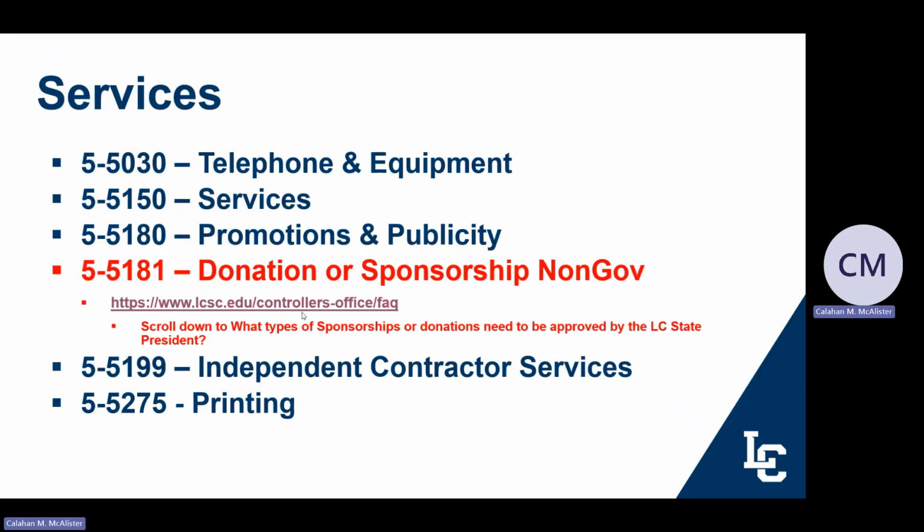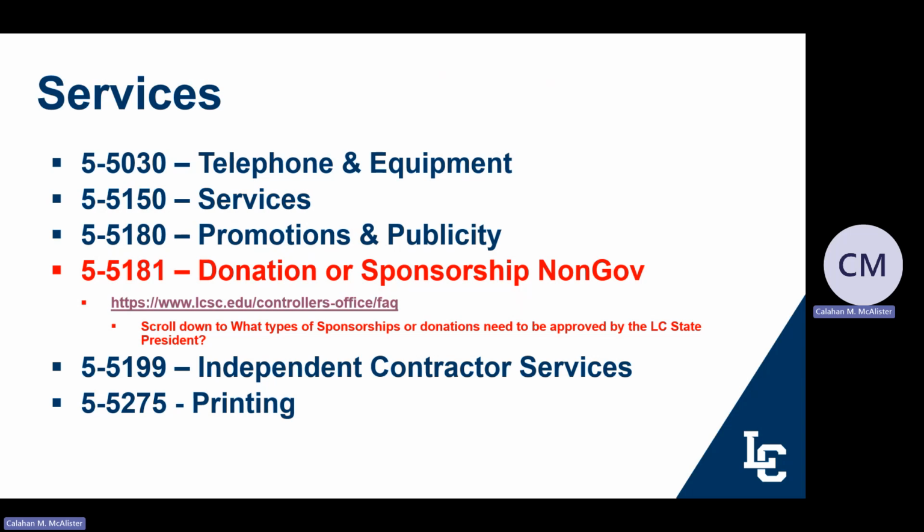And once again, the link is here on the controller's office website under frequently asked questions. If you scroll down about halfway, you've got what types of sponsorships or donations need to be approved by the LC State President.